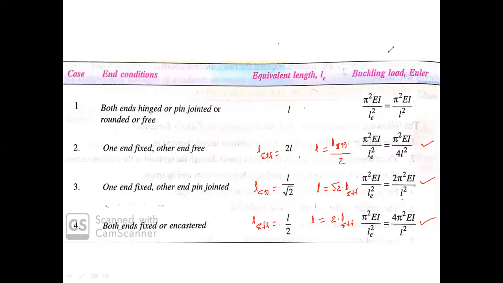This is what I would like to share with you for calculating the buckling load of different end conditions of the column. Clear? Guys, are you clear? So finally, what is your Euler's formula to calculate the buckling load of the long column?